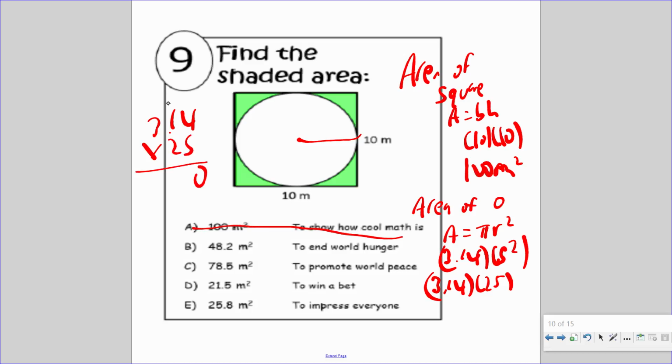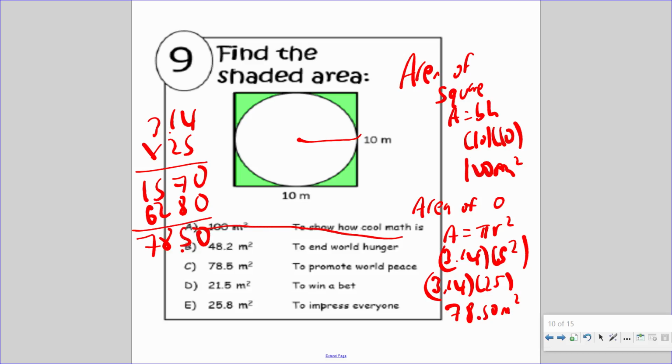If you add this up, 78.50. So the area of the square is 100 square meters. The area of the circle is 78.50.